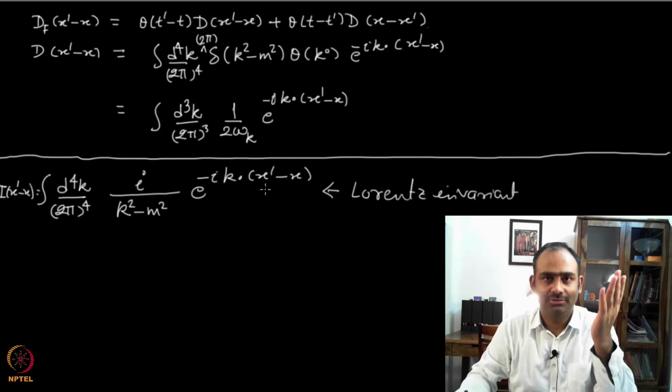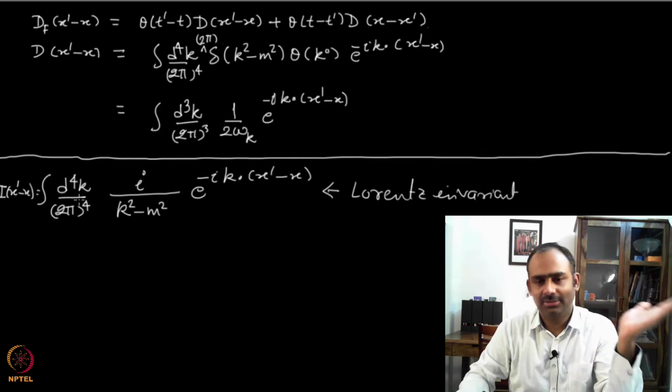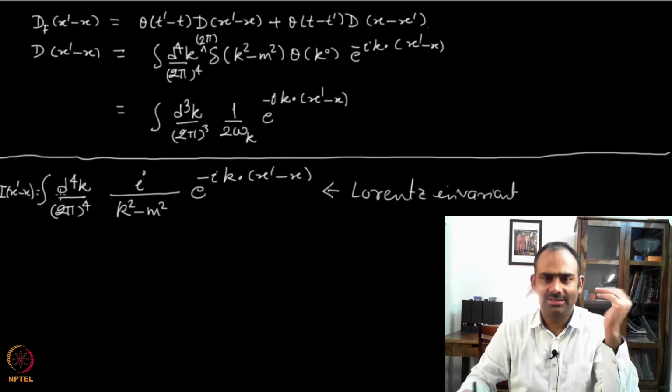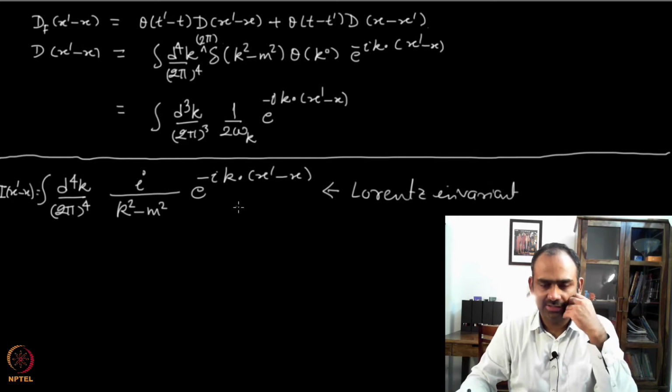If you are going from x prime minus x to lambda of x prime minus x, the same reasoning which we gave last time will work, and this is Lorentz invariant.